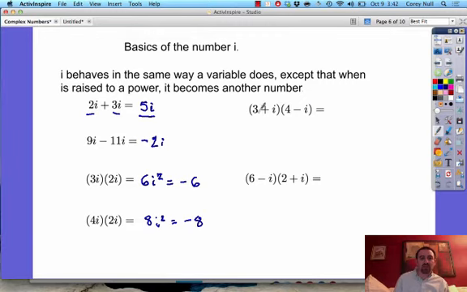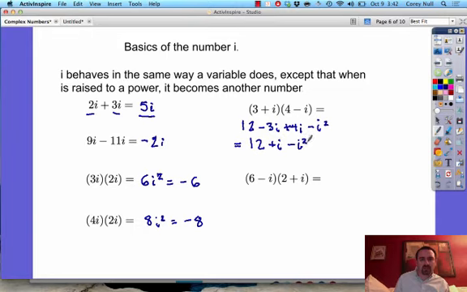This one's interesting. This requires FOILing. Okay, so firsts, outsides, negative 3i, insides, 4i, last is negative i squared. Okay, let's combine like terms, just like we would do if this were a polynomial. We have 12. Negative 3i plus 4i is going to be plus i, minus i squared.